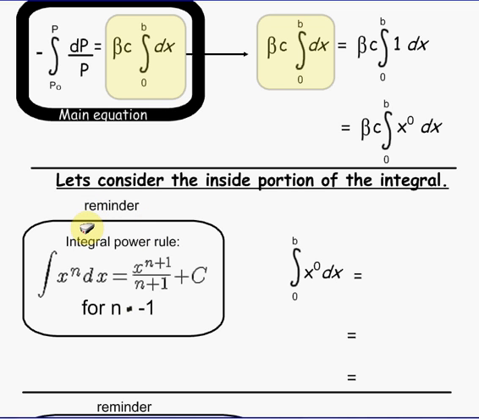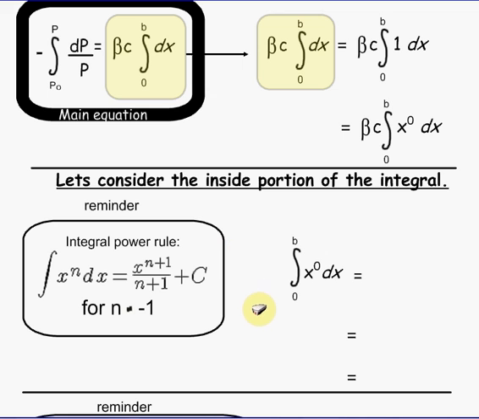Here is a reminder for the integral power rule. It says that the integral of x^n dx is equal to x^(n+1) over n plus 1 plus C for n not equal to -1.